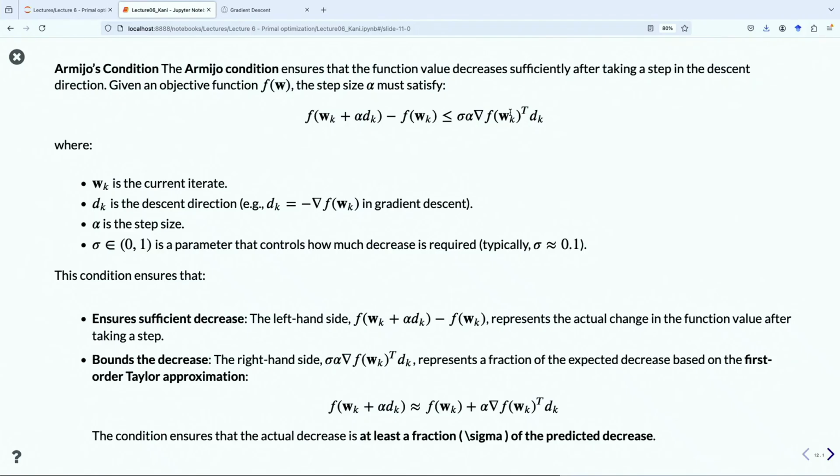And then you add in sigma, which is a fitting parameter that controls how much decrease you're willing to tolerate. Basically, you want to tolerate only so much decrease. You're bounding the decrease on the right-hand side.